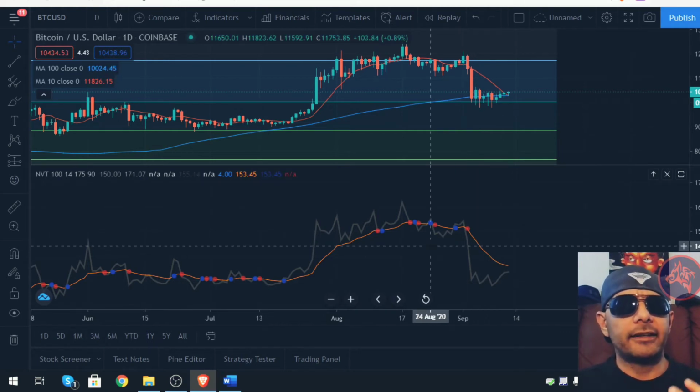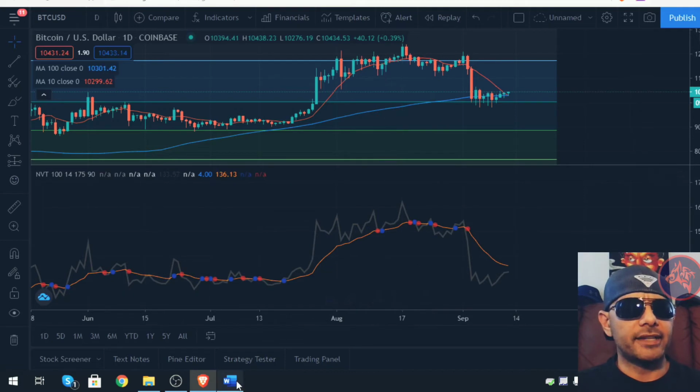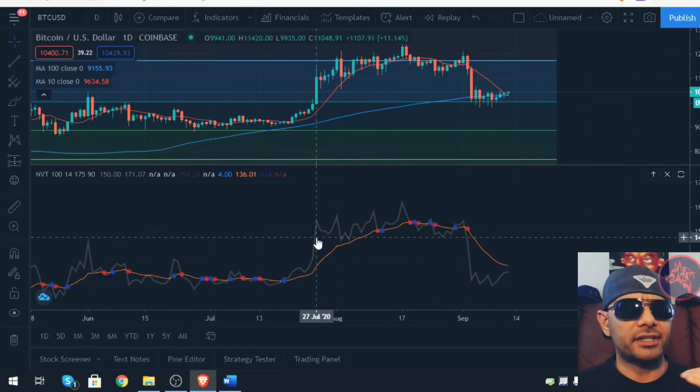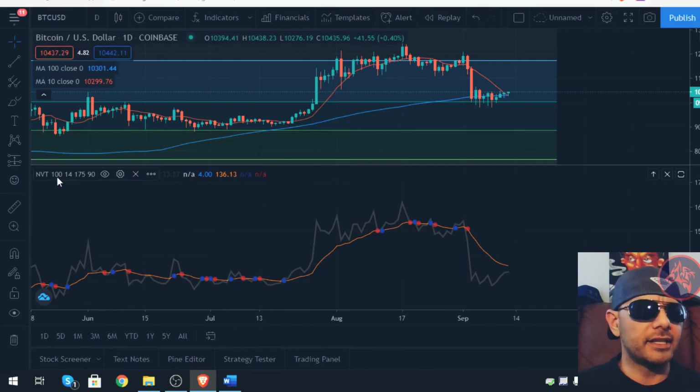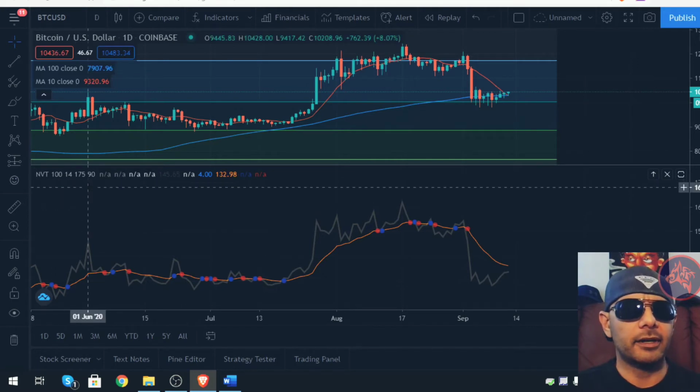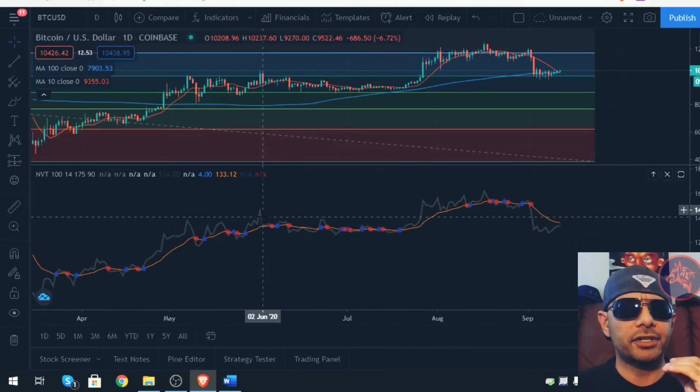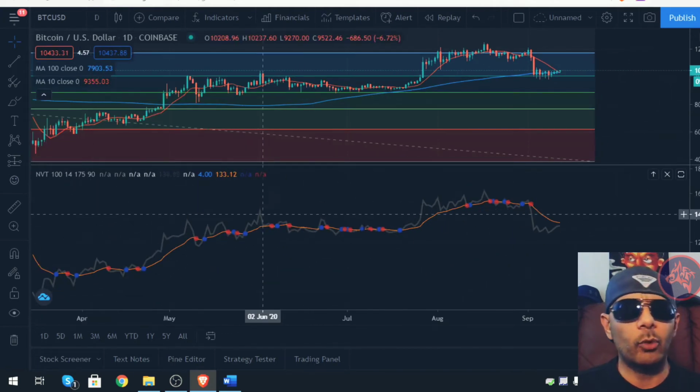It's a great thing to check it out and see where it's actually sitting, right? So as you can see, I changed my settings to 100 because I do everything off a 100 MA with 14, and I guess you would say the bearish and bullish lines are at 90 and 175.